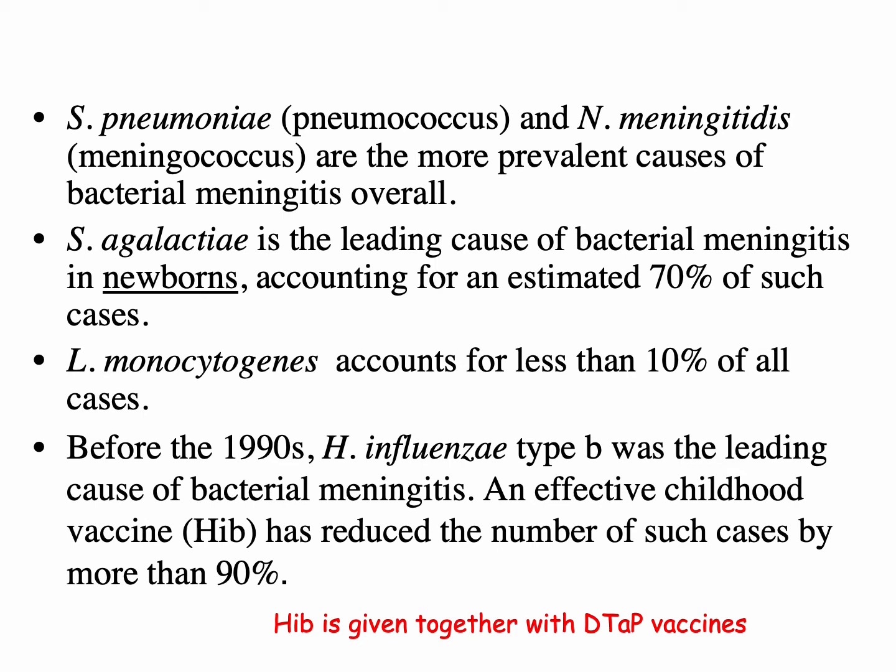If the person recovers from that, they will also suffer from permanent neurological damage. So I think that was the reason why in 1991 the American Association of Pediatrics recommended universal vaccination against Haemophilus.